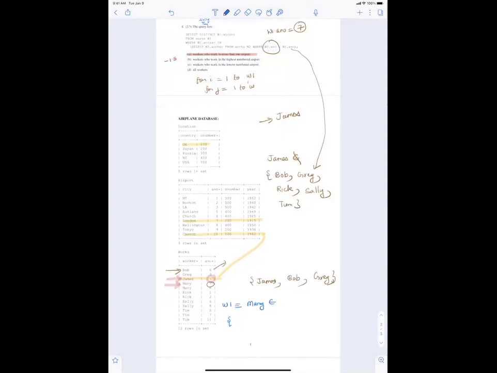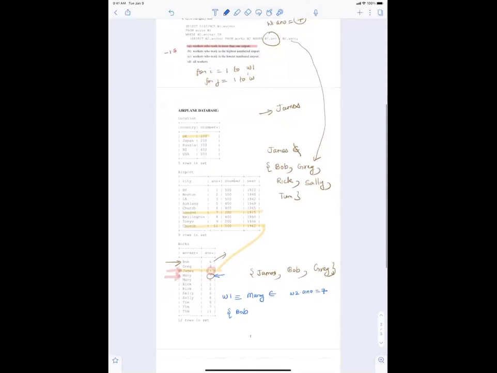Let's pick Mary with 7. So we are going to look at W2.a number equal to 7 first, and you're again going to get Bob. So the second table will not have Bob.